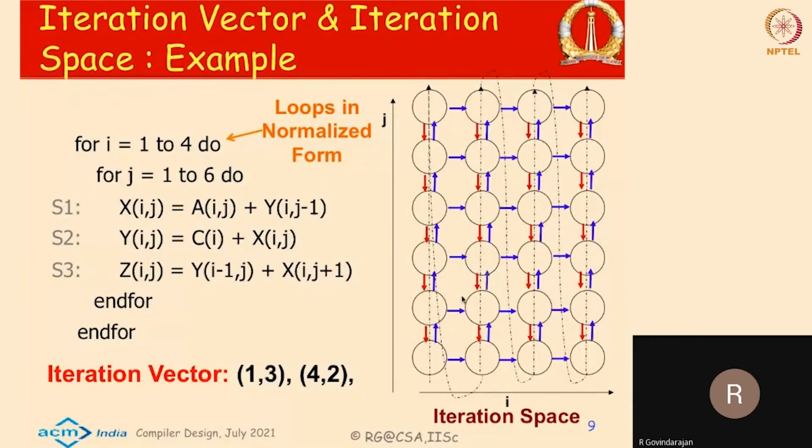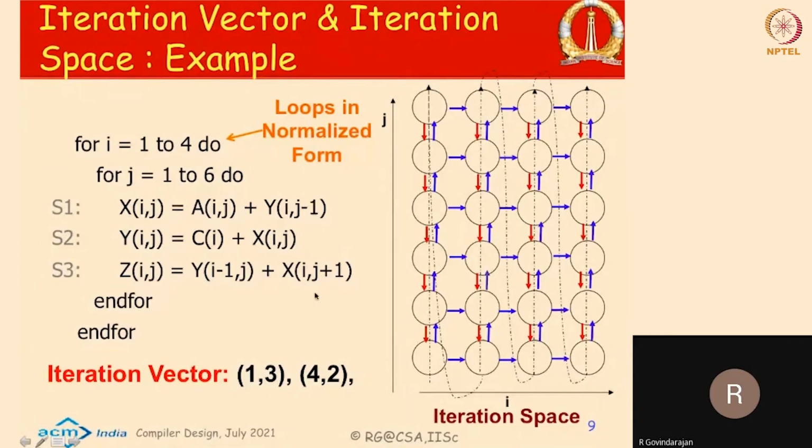You can see that these horizontal blue arrows correspond to the fact that there is a 1, 0 dependence that you would see in here. For example, there is a y[i][j] value that is being written by the statement S2, which is going to be used by S3 one i iteration later.